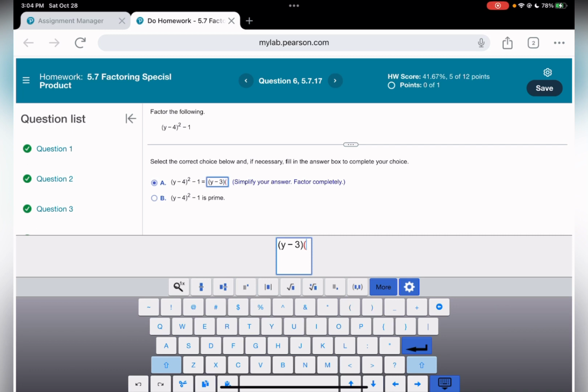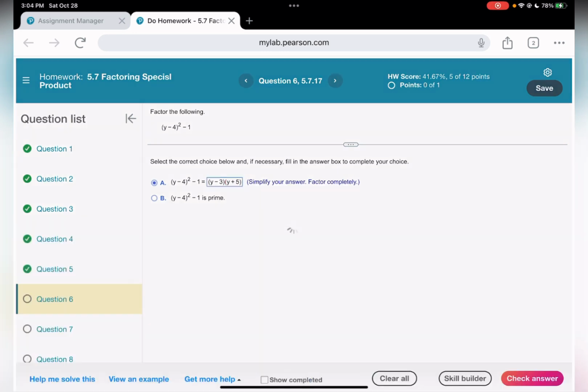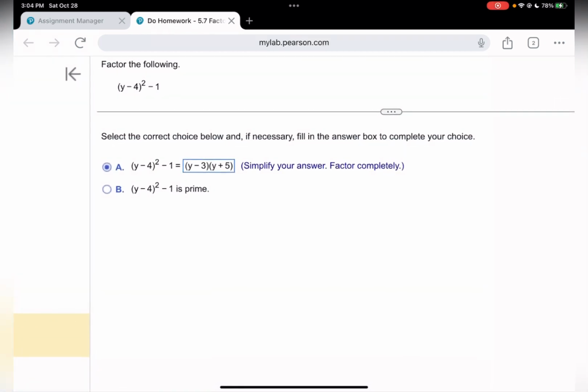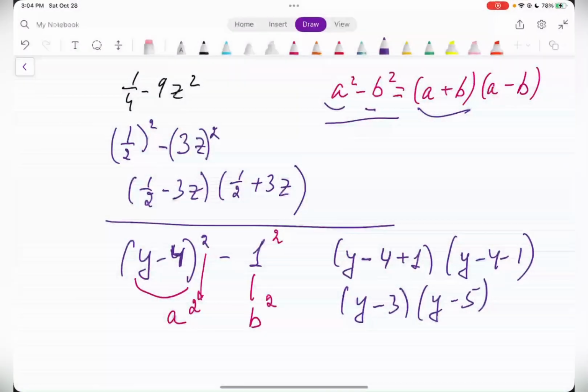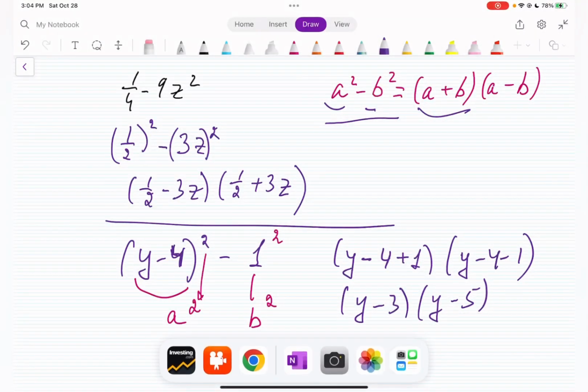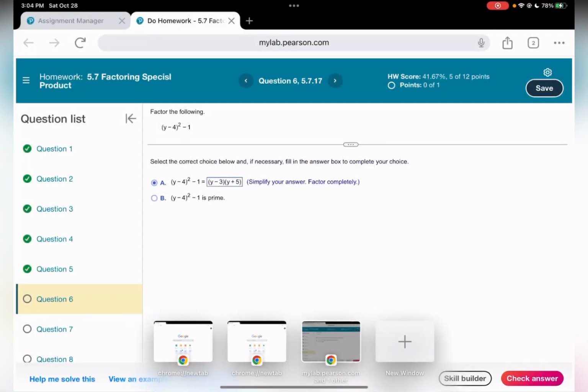Opening parenthesis. Y plus 5. What is wrong? Let's check. What was, minus 5. Okay. Well, let's fix it.